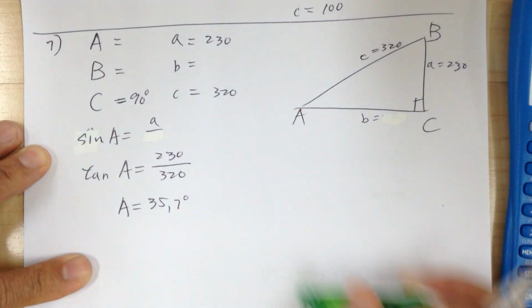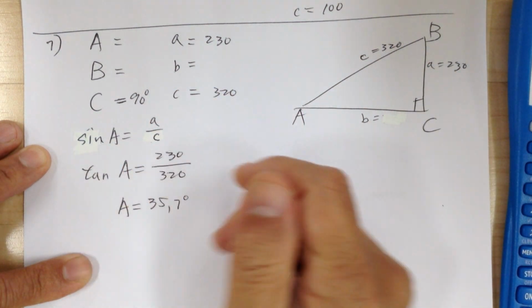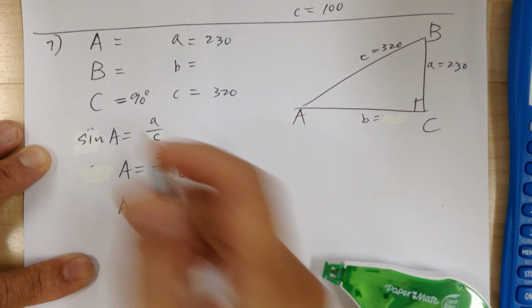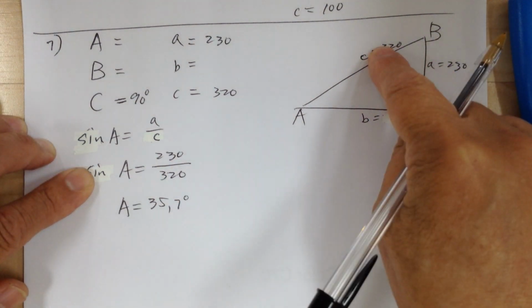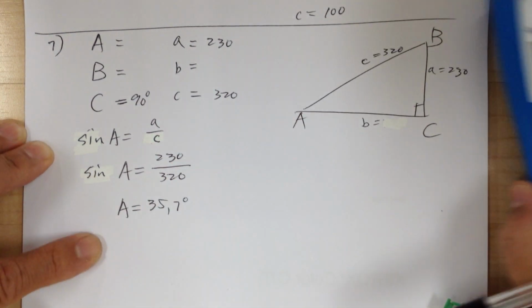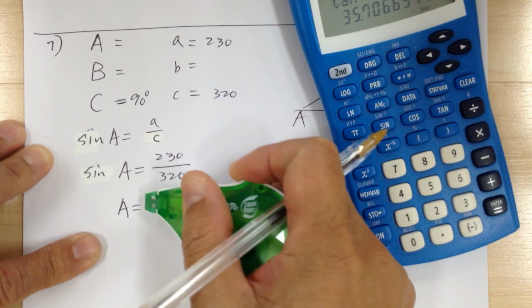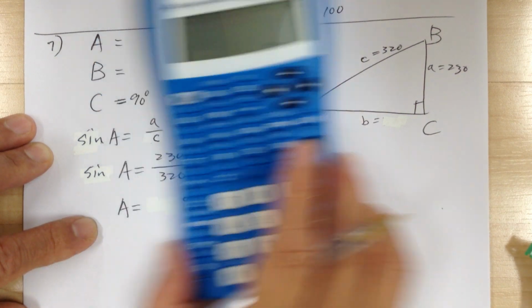If you don't draw things out, it's very easy to make careless mistakes. So sine equals that. There we go. A lot of things can go wrong, so you have to be very careful.